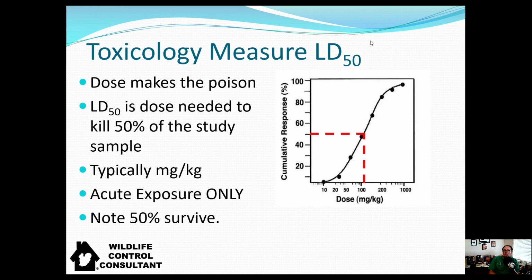How do we tell whether one product is more toxic than another? Well, by looking at the LD50, because again, they're always written in milligrams per kilogram. How many milligrams of toxicant per how many kilograms of animal? The smaller the milligram number, the more toxic the product is.